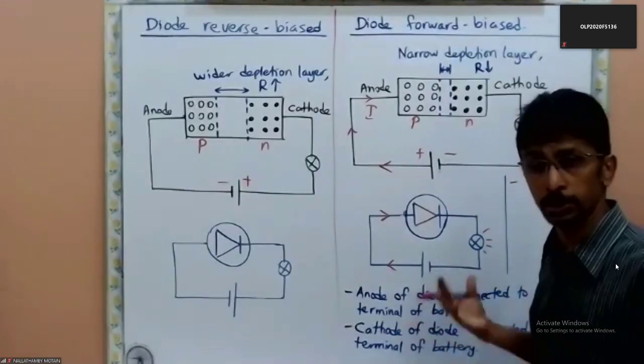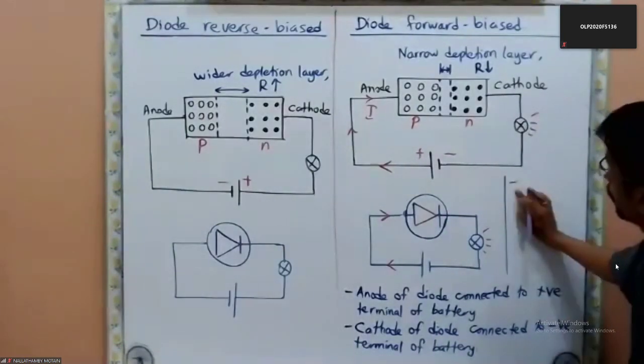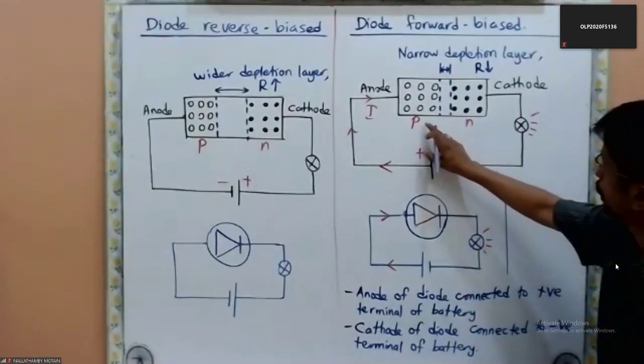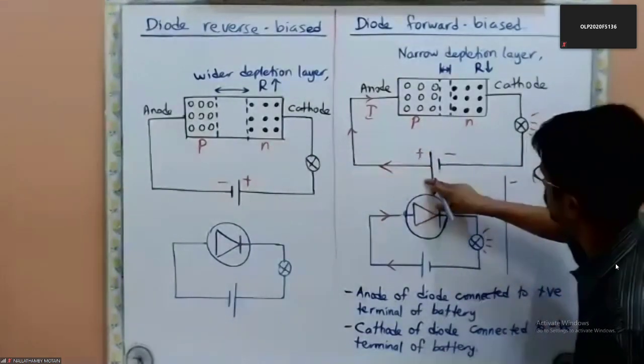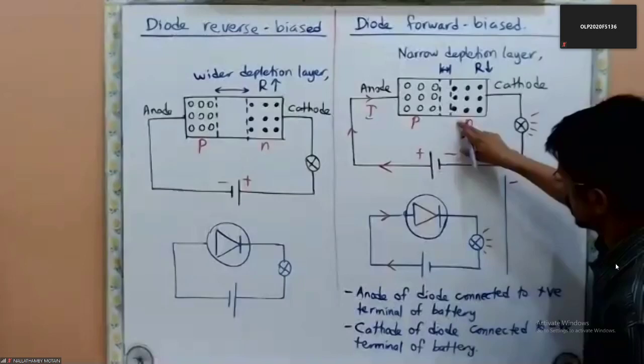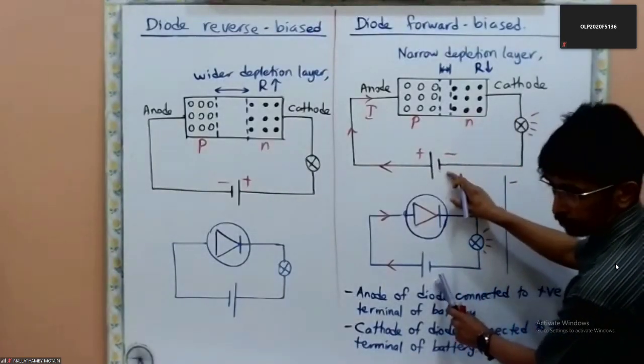If you tell all this, you can get marks. So point number 3, I mean this one is the connection here. Anode of diode connected to positive terminal of battery. Cathode of diode connected to negative terminal of battery.